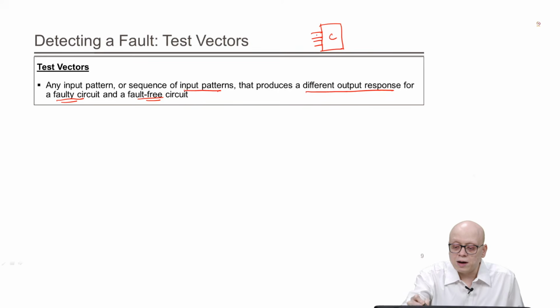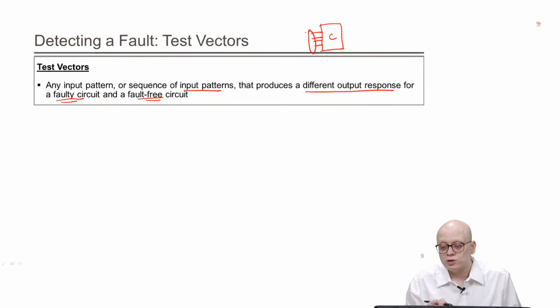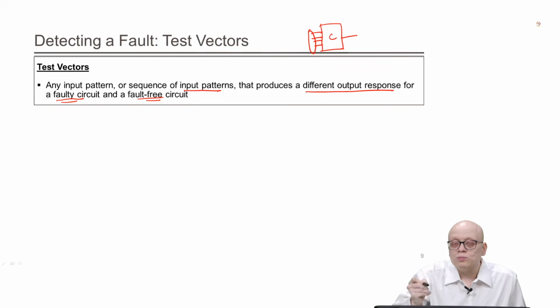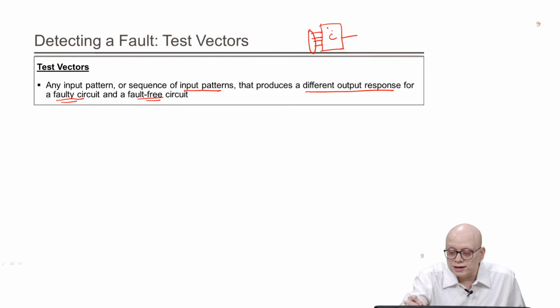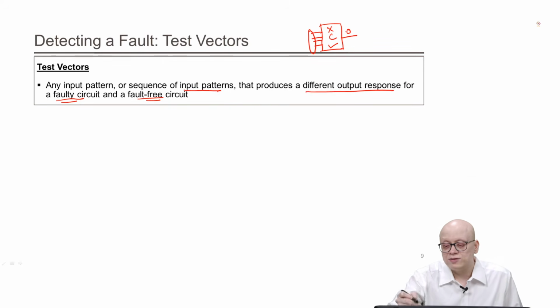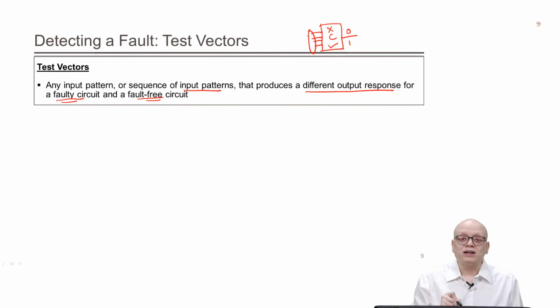Now, we can apply a pattern, a sequence of zeros and ones at the input such that the output this circuit produces for a faulty circuit and a fault free circuit are different, meaning that say for the faulty circuit it is producing 0 and for the fault free circuit it is producing 1, then the input pattern that we have applied to our circuit is known as the test vector or test pattern.